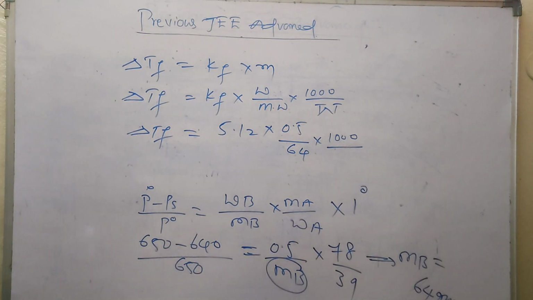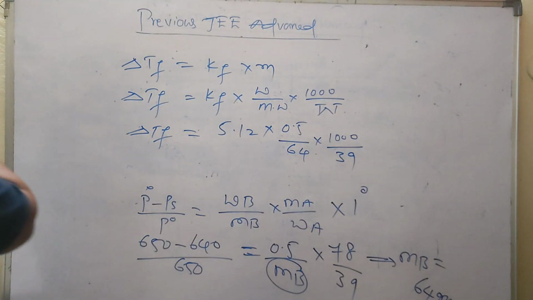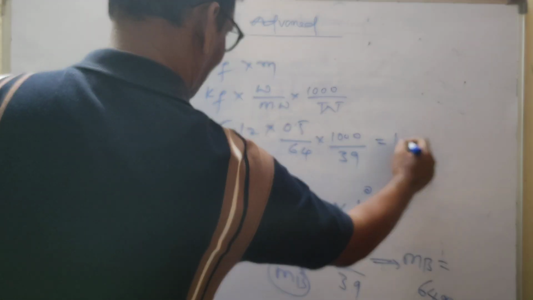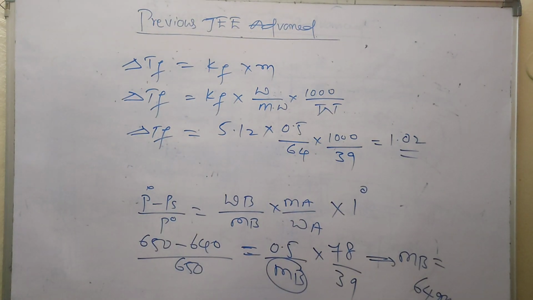Benzene is the solvent, so 39 grams. You just simplify. Finally you are going to get the result, 1.02. You try yourself. 1.02, that is the answer.